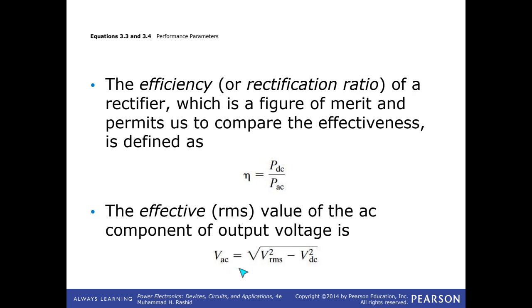The pure AC component is equal to RMS square minus DC square. In actual fact, DC square plus AC square is equal to RMS square. RMS is the total of it. Don't forget, that's important.